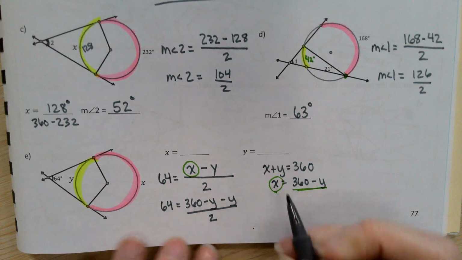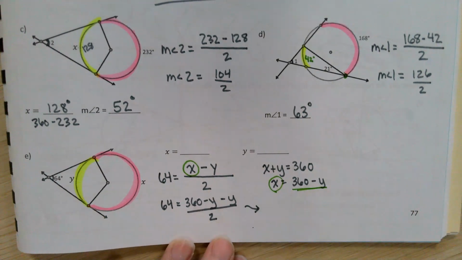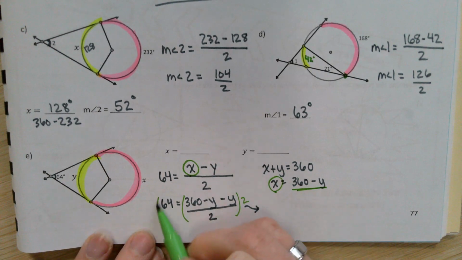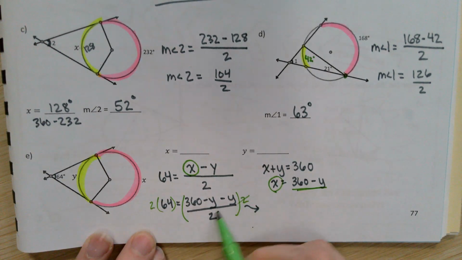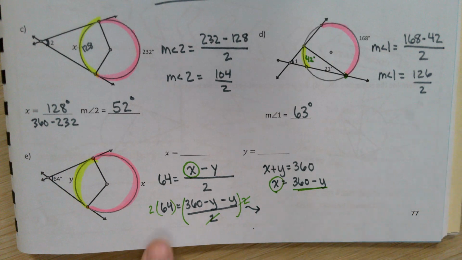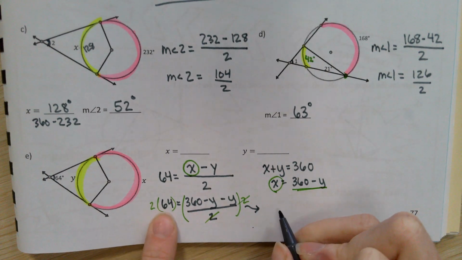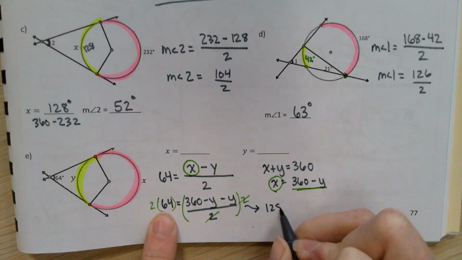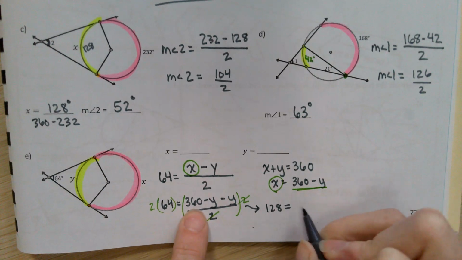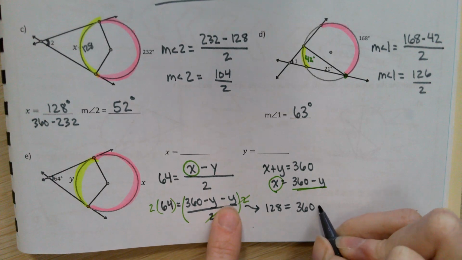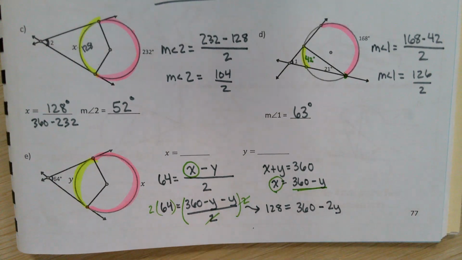If you want to simplify on the top, you sure can, but we also need to probably get rid of that fraction. Most of you will like if we multiply by 2 real quick to get that fraction to go away. So this equation, since I'm out of space, I'm going to move over to the side, will turn out to be 128 is equal to 360 minus y again is minus 2y.